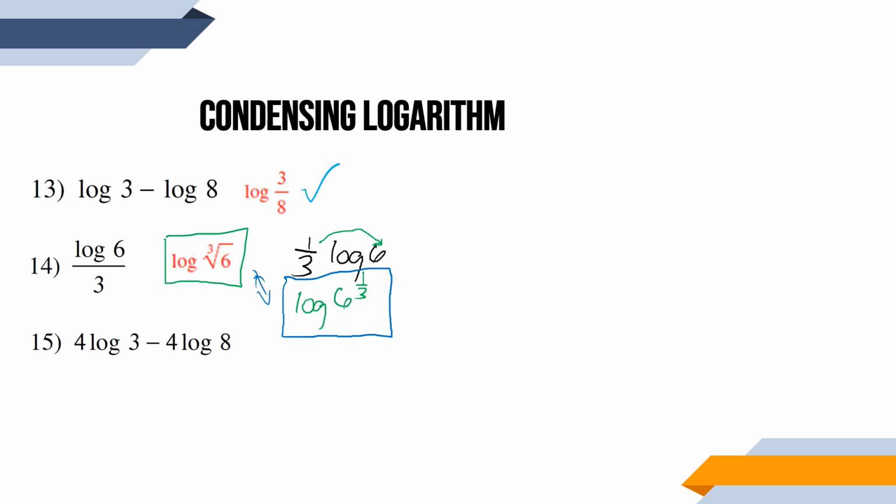Alright. Next, we have here 4 log of 3 minus 4 log of 8. So again, we have a number before our log expression. And then what we are going to do is make this as our exponent, right? So what will happen is we will have log of 3 raised to 4 minus log of 8 raised to 4. Right? And then since we are actually subtracting, we are going to divide, right?